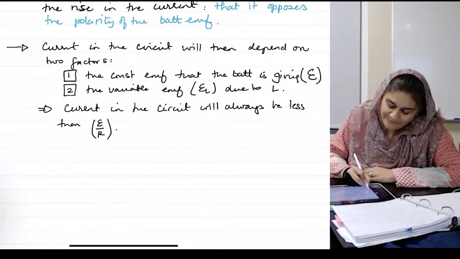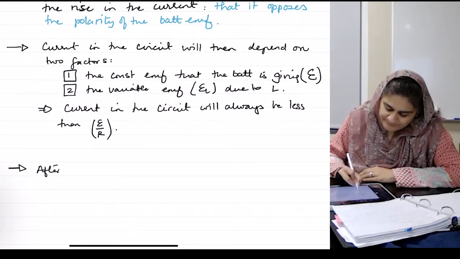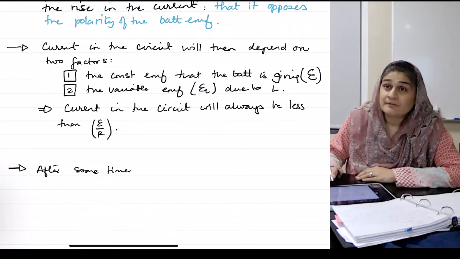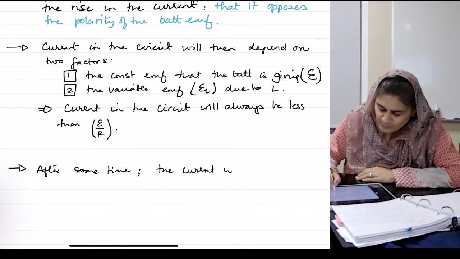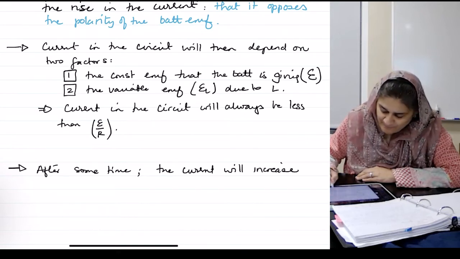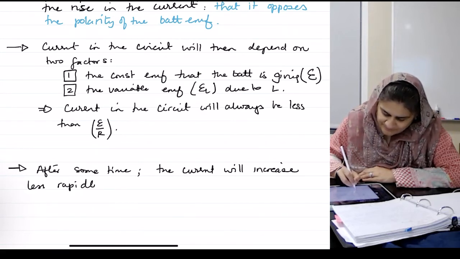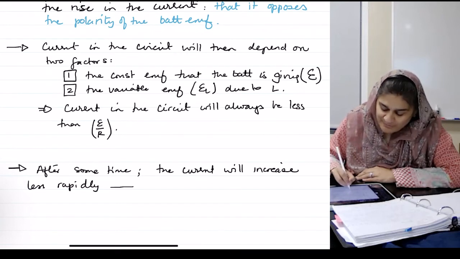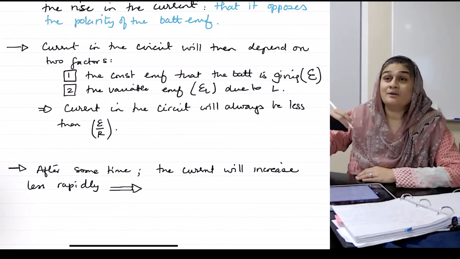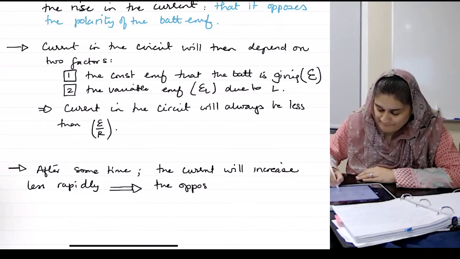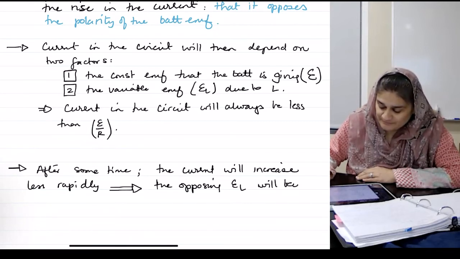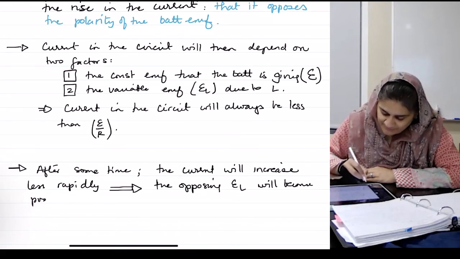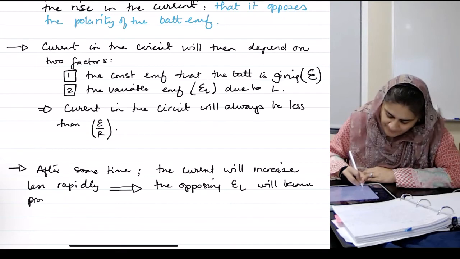Now, after some time, what will happen? The current will increase less rapidly, which implies that the opposing EL will become proportionally smaller?